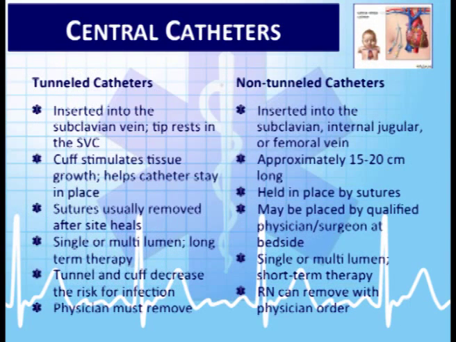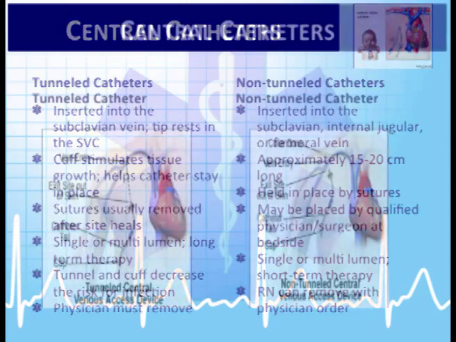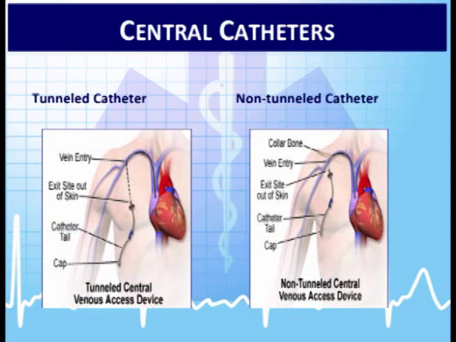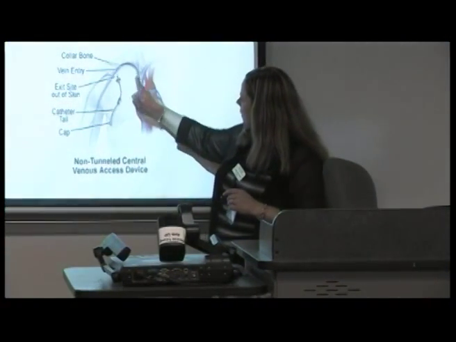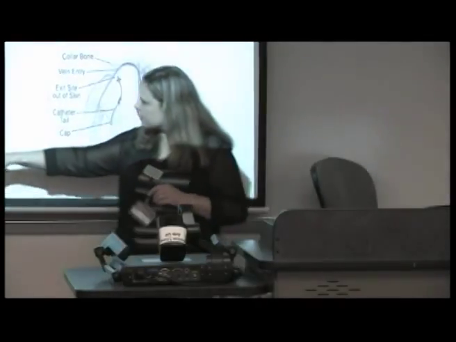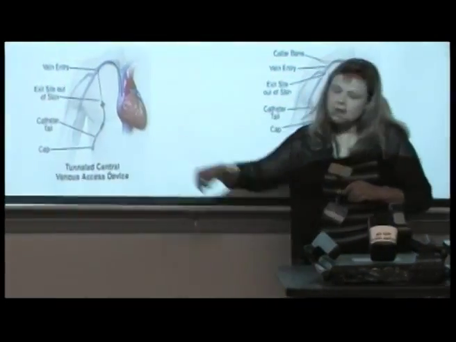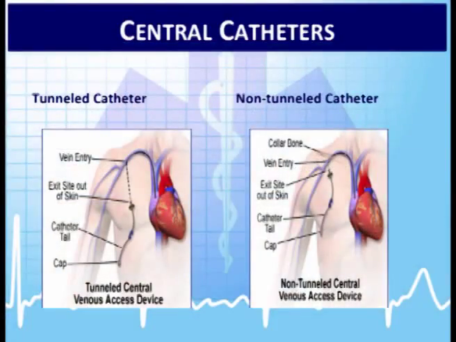There's central line catheters. We have the tunneled and the non-tunneled catheters that we talked about a little bit. These catheters, if they're going here, and then tunneled, it's actually going to be tunneled underneath the skin. So you can see in a quick emergent, if a doctor just wants to get central line access, the non-tunneled catheters are usually the ones that are used.